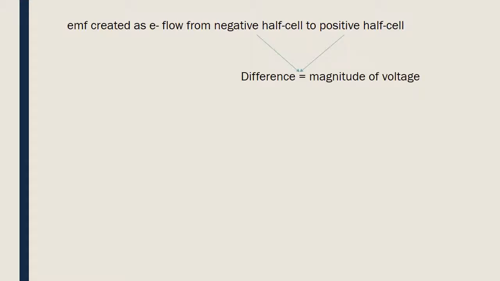So the difference between those 2 half cells is the magnitude of your voltage. This is also known as your E cell, which is what we're going to learn how to calculate, or also what's called your electrode potential.